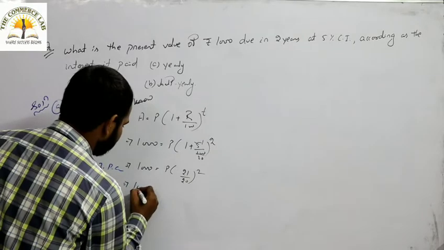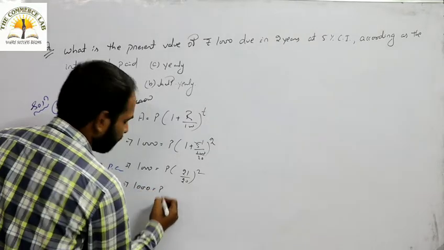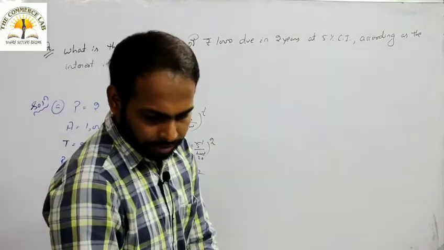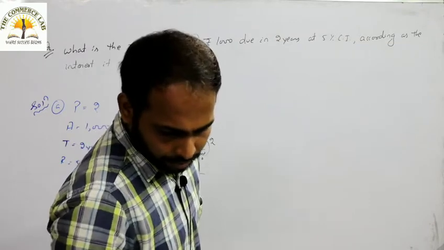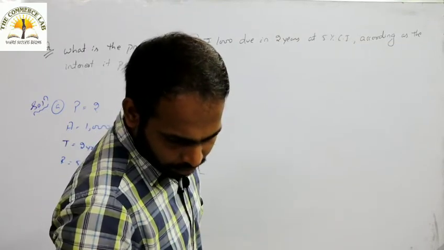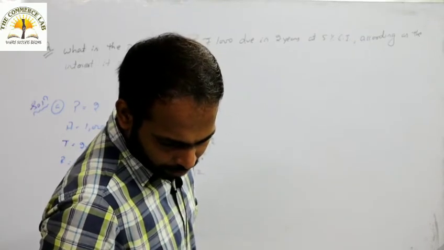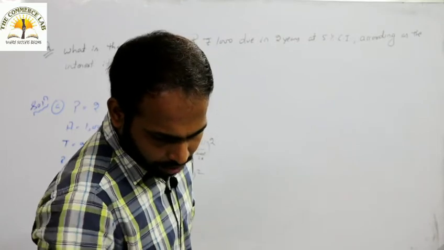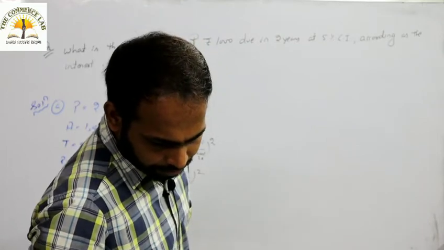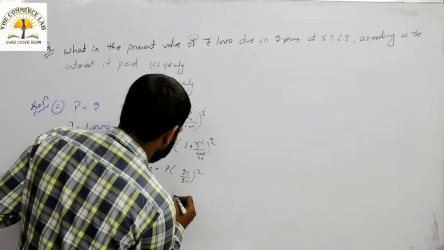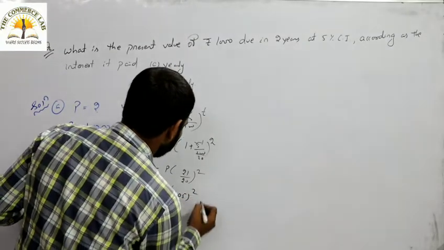This implies P into 21 by 20 squared, that is 1.05 squared.